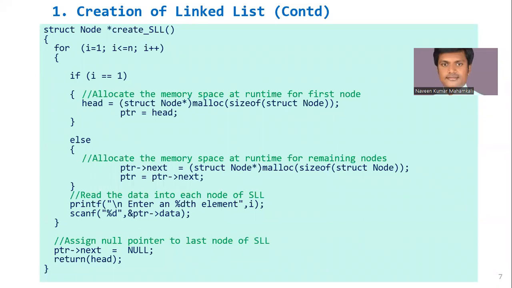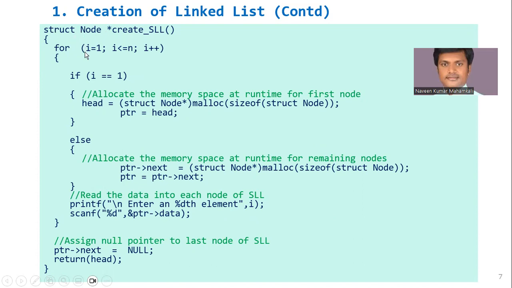You can see the entire logic here to create a singly linked list. Assume createSLL is a function. This function will create n nodes and return the node pointer.